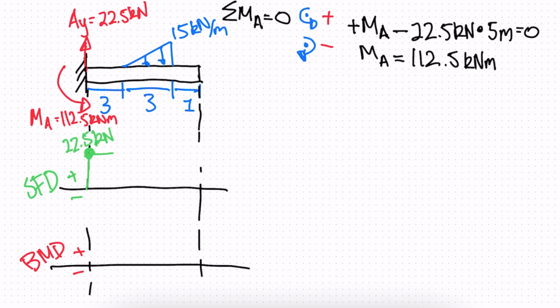There are no forces acting until we reach our 3 meter point, and then we have a changing distributed load. So our shear force is going to look something like this, and then we'll end up with 0 here. Between our 3 meter point and our 6 meter point, we don't know any of these values. We need to develop our shear function to find any point along this curve.